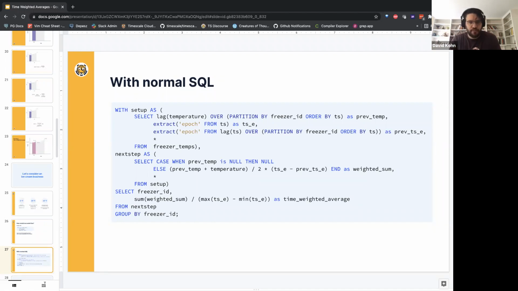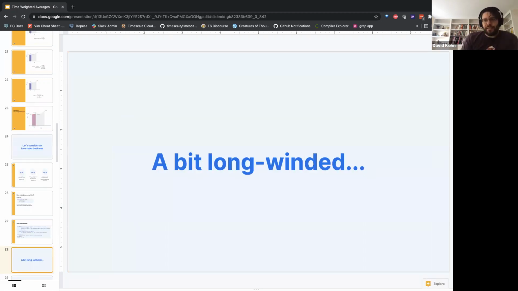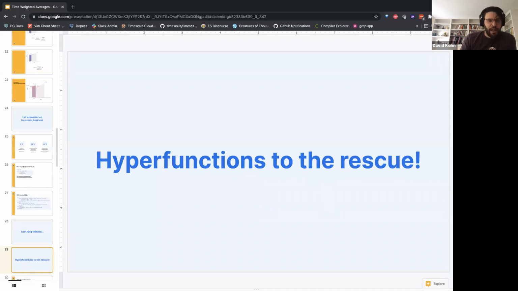That's what we're doing over here in the next step. And then we're going to divide by, so we get a lot of steps in this. You can go through and try to understand it, but that's okay. Because this is exactly what we on the toolkit team have been working on hyperfunctions for. Because that's just a bit long-winded and really not great.